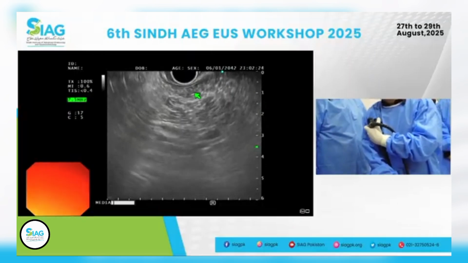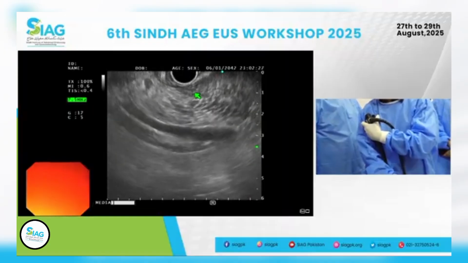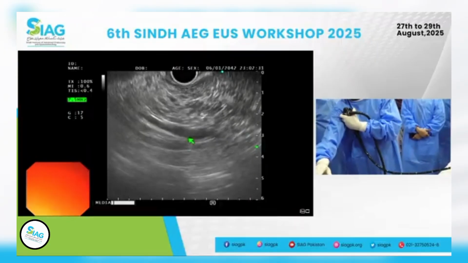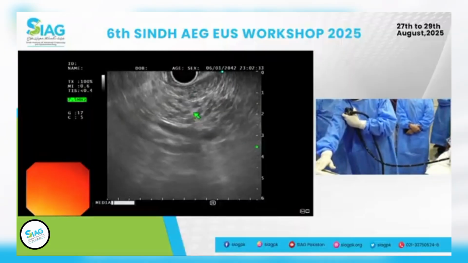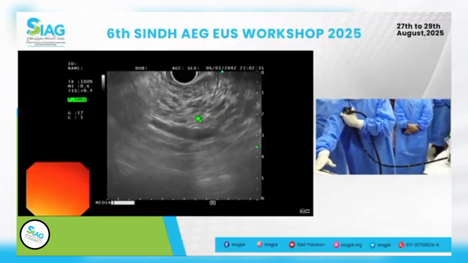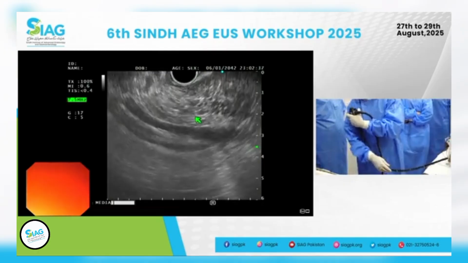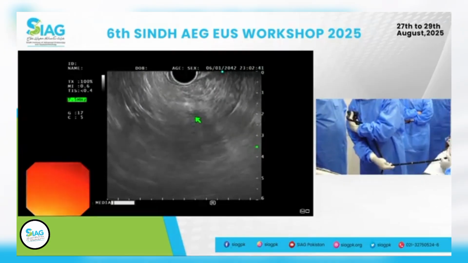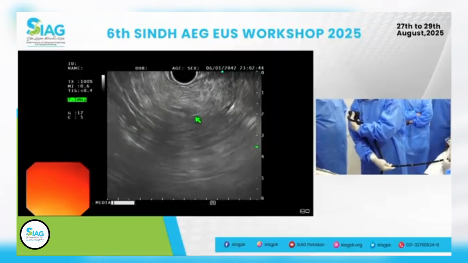If I keep going to the right, you see the mesenteric vessels at the bottom now. Splenic, mesenteric vein, superior mesenteric vein, and superior mesenteric artery. Once I have seen that, at least I'm at the uncinate process now. But if I need to still go further to the right until the pancreas disappears, and now I have seen the whole pancreas.